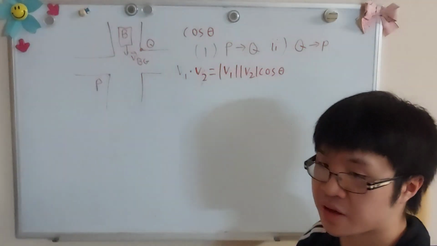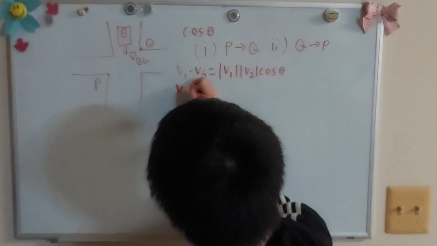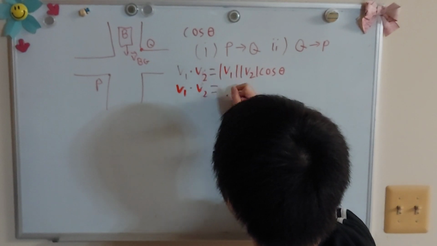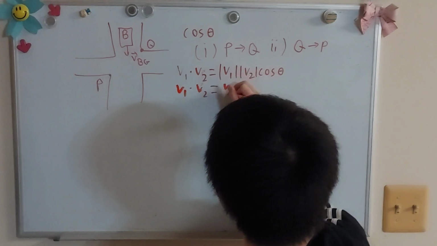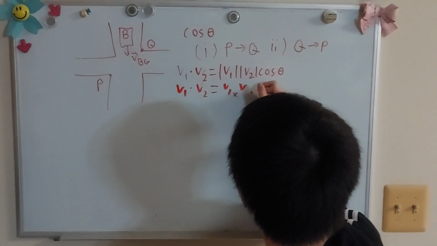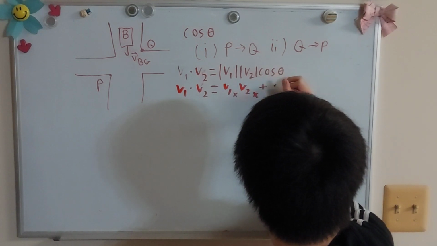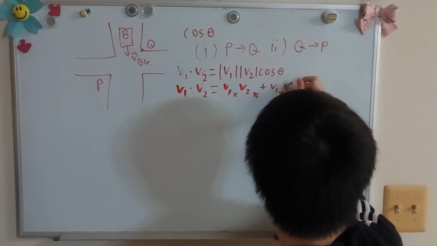We also know another way to find the dot product of these two vectors. And it's a simpler way, and it's that you multiply the x components of each vector, and you multiply the y components of each vector, and you add them together.